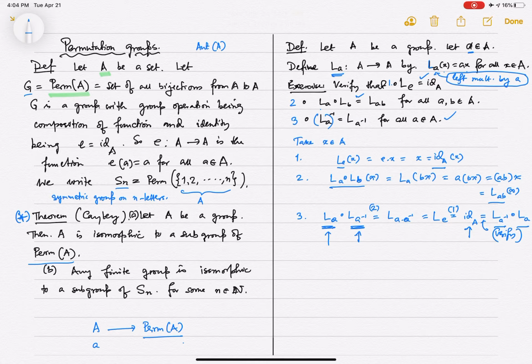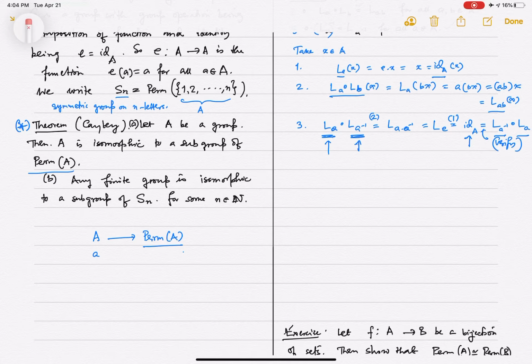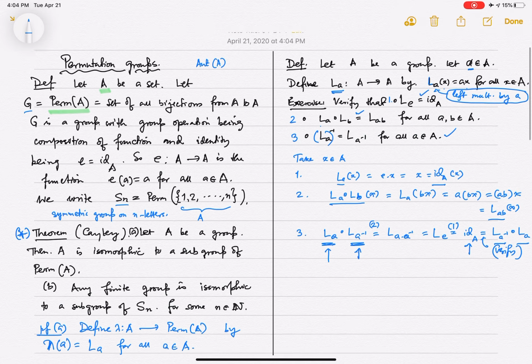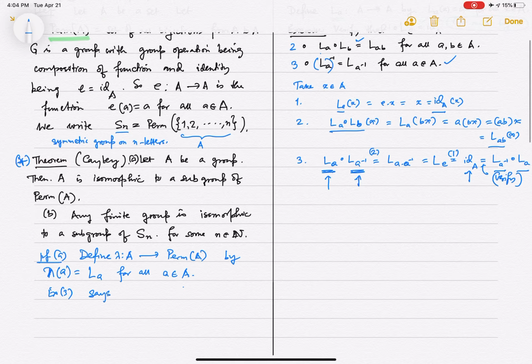Now that we are armed with 1, 2, and 3, we can prove part A pretty quickly. So here's a sketch of proof of part A. Let's define a function called lambda from A to perm A by lambda of a equal to L sub a for all a in A. Note that our exercise part C or part 3 says that each of these things are 1 to 1 and onto, because I found the inverse, you see.